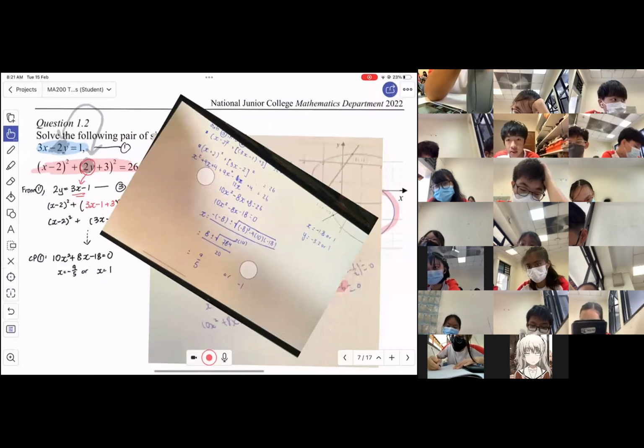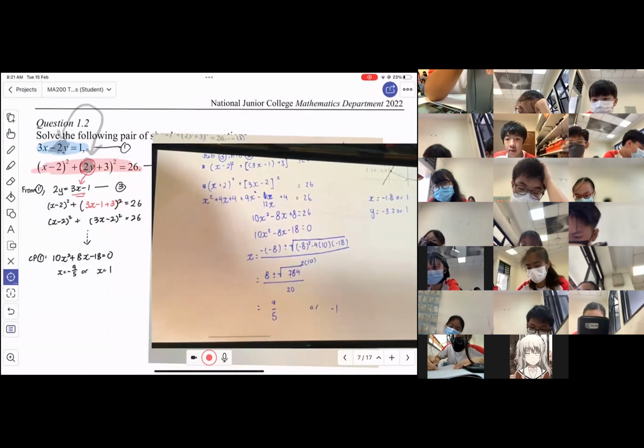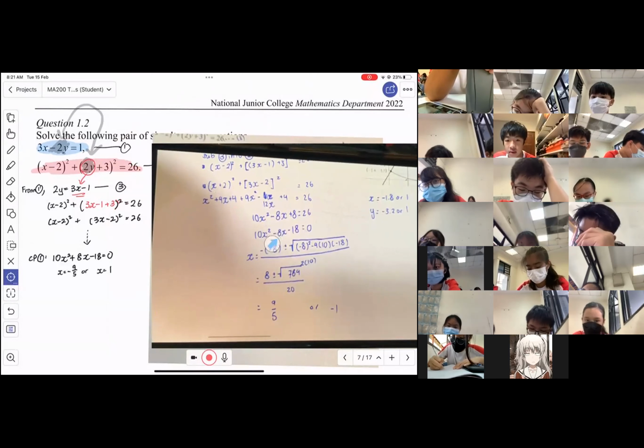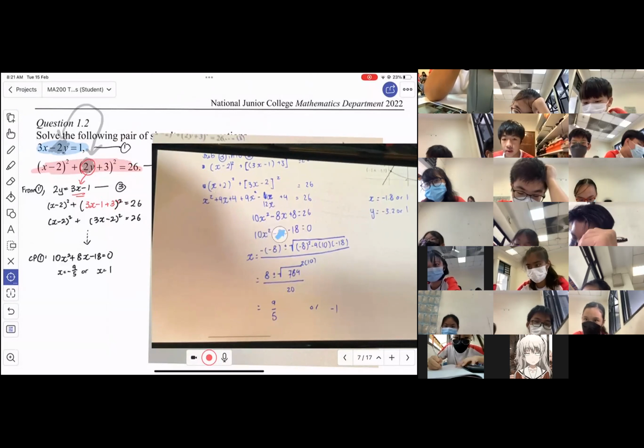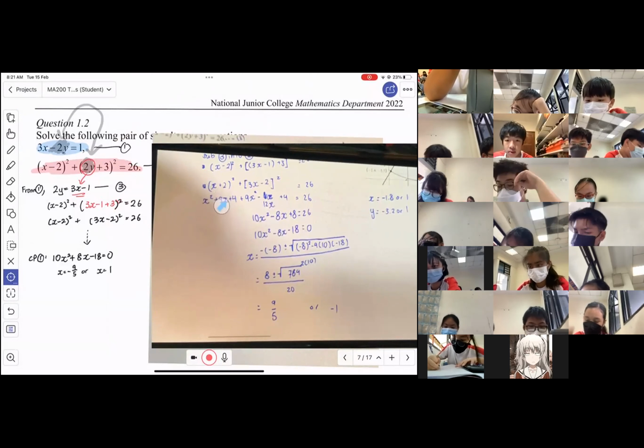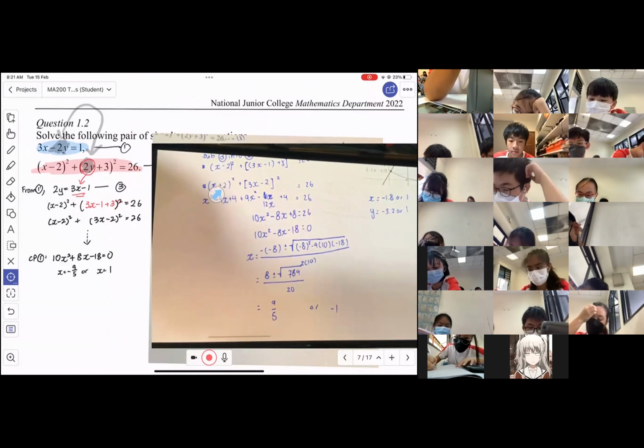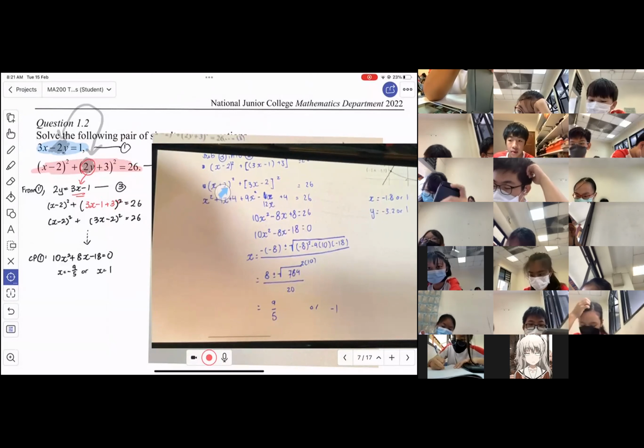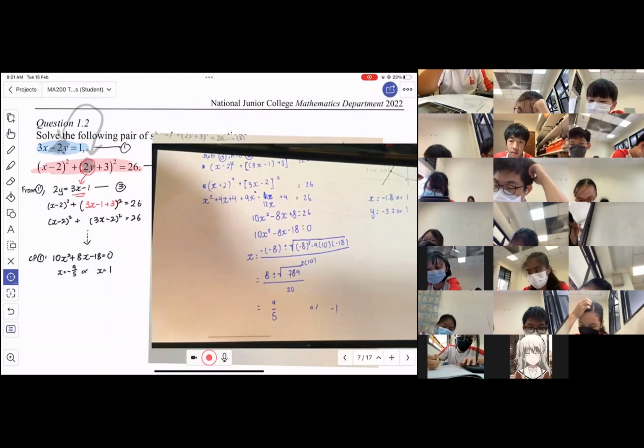And the student who asked this quick one, just to tell you, this one I think should be positive. This one should be positive 8x. So this is minus 2 square, right? So that should be minus. Okay, I think it's a careless mistake.